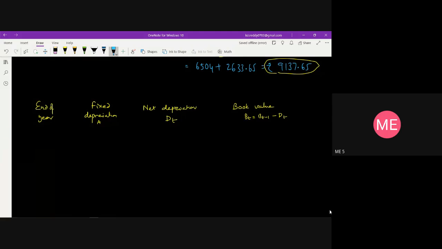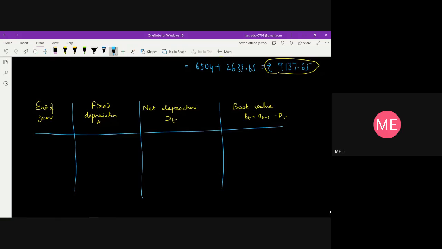So now we calculate for all the years. Right now, at the end of 0 year, there is a 6,504 fixed depreciation, meaning annual depreciation, but this will not be taken into calculation.